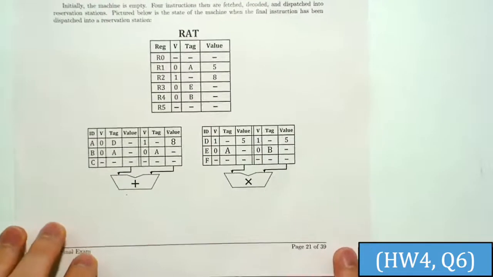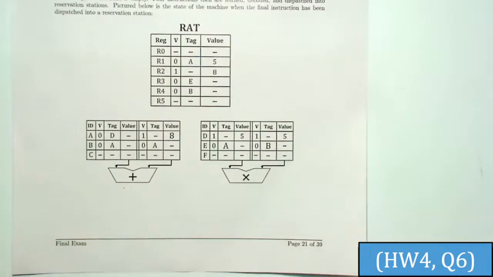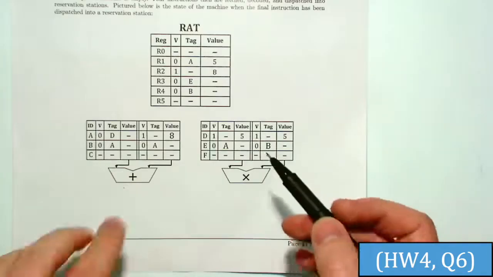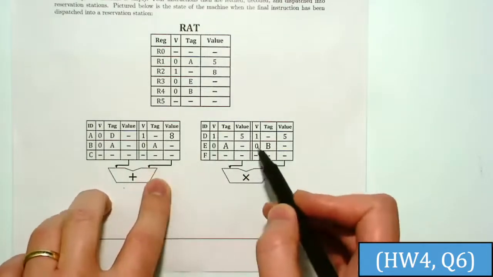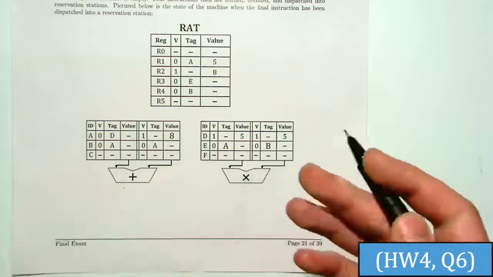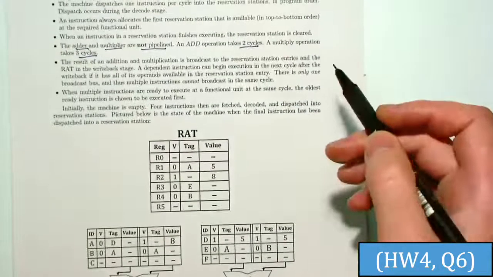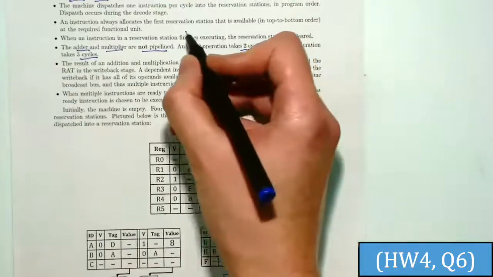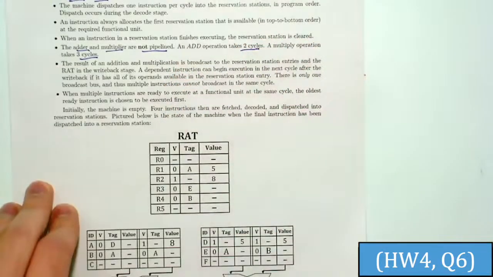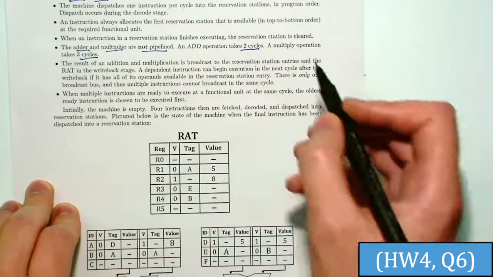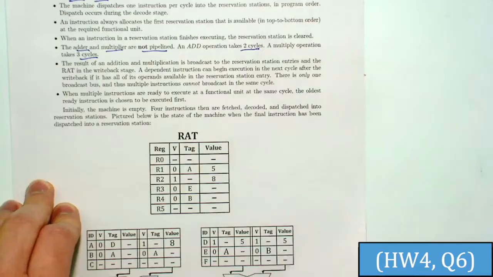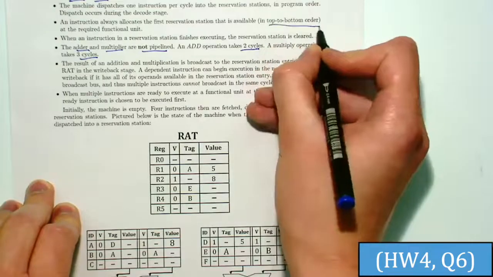So the first part is very simple, figuring out what the instructions are. You basically look at the tags over here in the reservation stations, and usually there's a dependency which helps you figure out which instruction comes first and which comes after. From the question, we know that the instructions are allocated to reservation stations in top to bottom order.